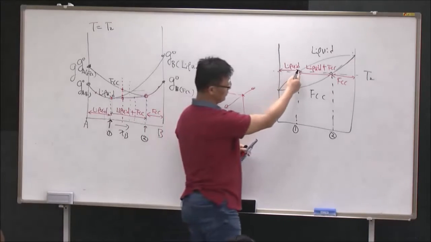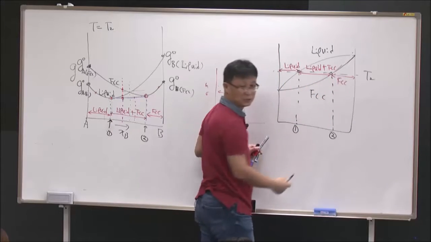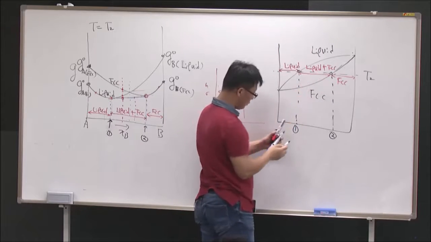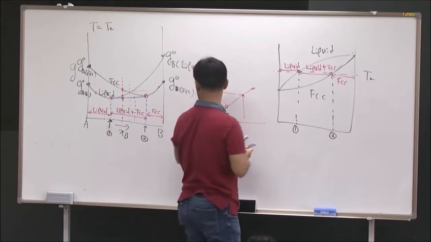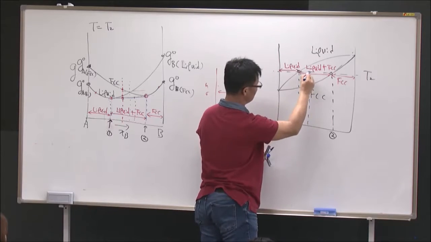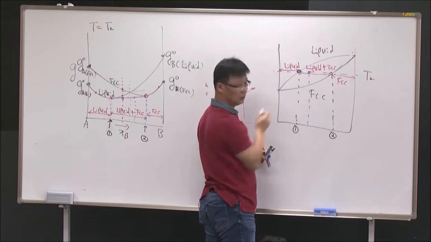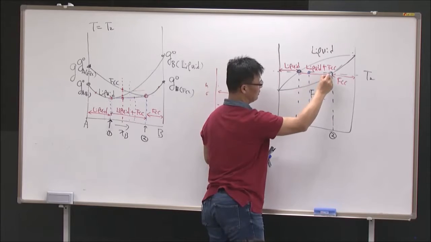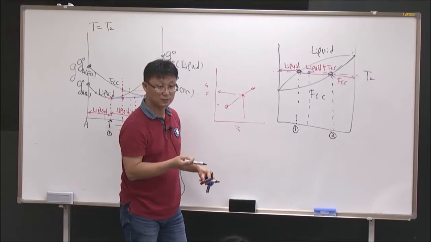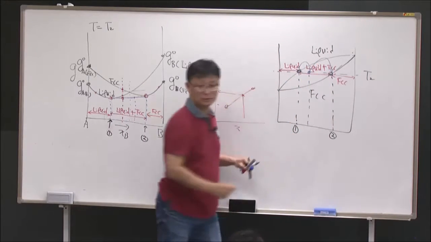And that's actually here. So when you read a phase diagram, I have single liquid phase, single FCC phase, and in between, liquid plus FCC phase. But whatever composition you take in the middle, for example, this composition, then I have two phases, but my liquid phase is this one, my solid phase is this one. The amount is changing, but the composition of liquid is this one, the composition of solid is this one.